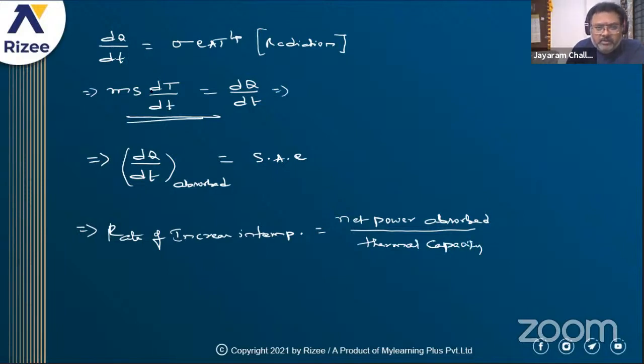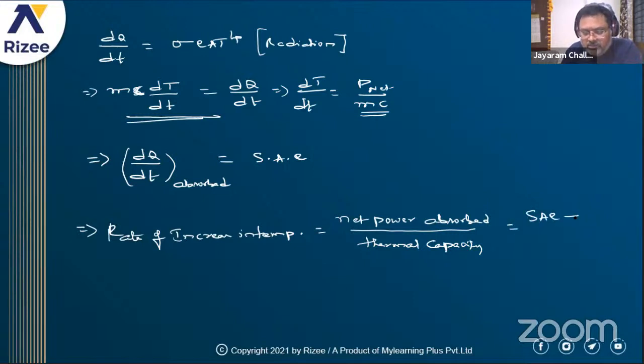Or you can get it like this: dT by dt is equal to net power by MC. What do you mean by MC? It is nothing but the heat capacity or the thermal capacity. So this can be written as solar constant into area into emissivity. This is the one which is falling on the substance, and this is the amount which is radiating from the substance. So the difference will give you the amount of energy contained with the substance.